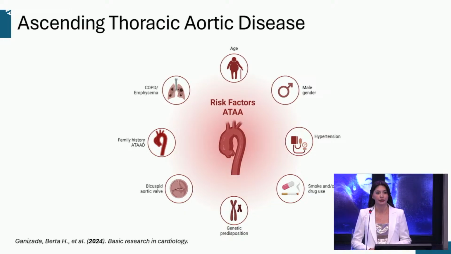What we also know is that there is a high risk when you have a bicuspid aortic valve. And 20% of the aneurysm patients have a genetic link with genetic disorders such as Marfan or Loeys-Dietz. But unfortunately, these clinical risk factors cannot tell us when type A dissection may occur.